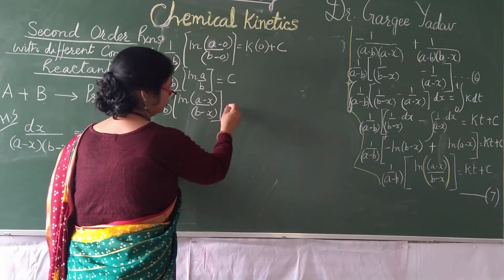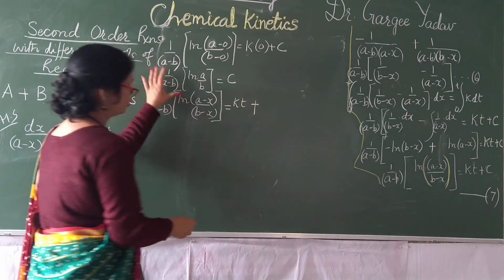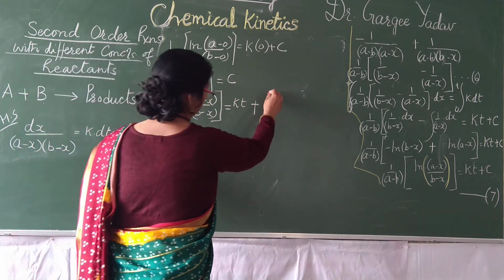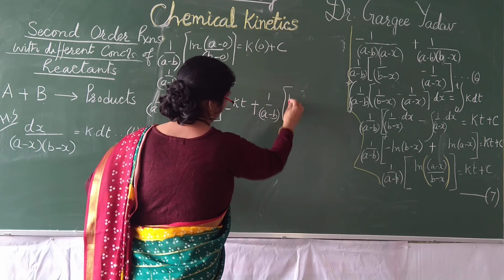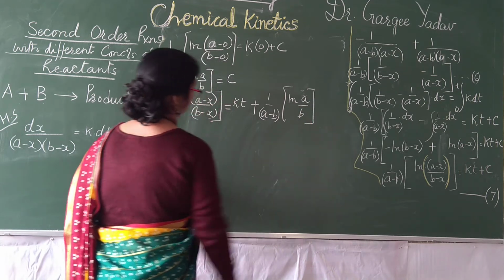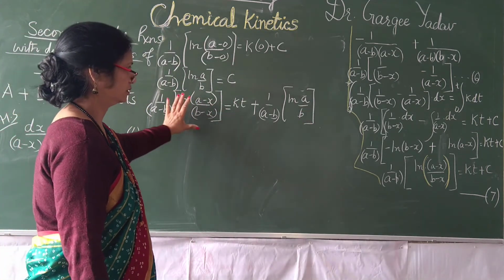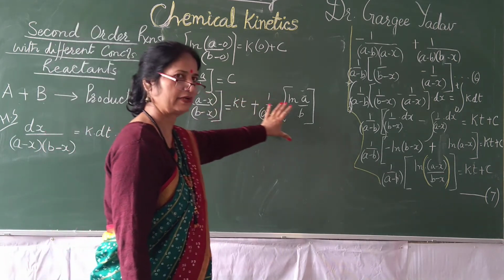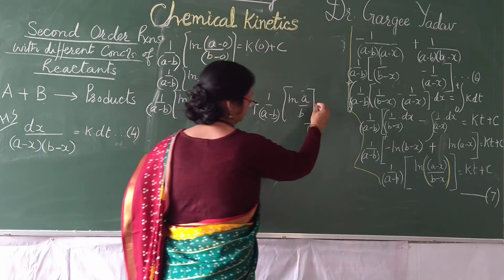This will be equal to kt plus the value of c we will place over here now, 1 upon a minus b ln a upon b. When we place the value of c in this equation number 7, we get this equation number 8.